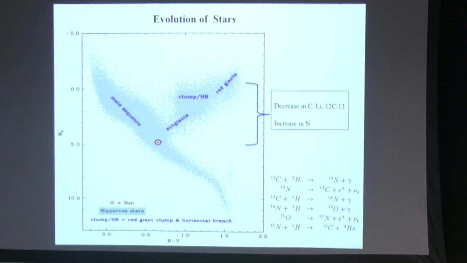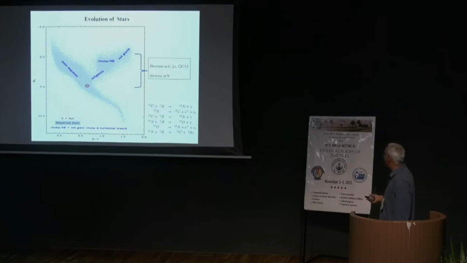And these are the chemical reactions which happen. The 4 hydrogen nuclei fuse together and become helium. And through these kinds of reactions in the stars, what happens when the star is going up is that you decrease carbon enormously because the 12C goes into 13C. And then the 12C by 13C ratio decreases, because 13C increases.